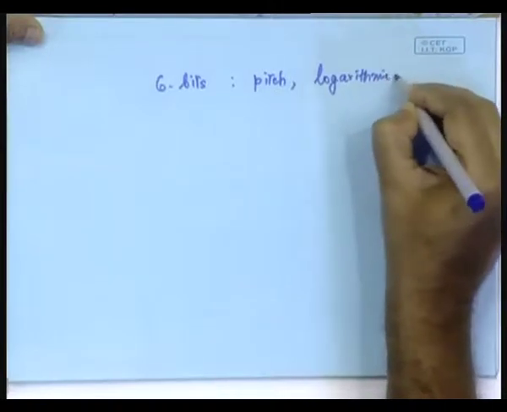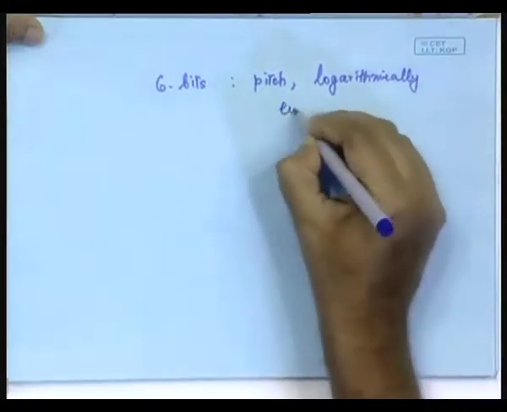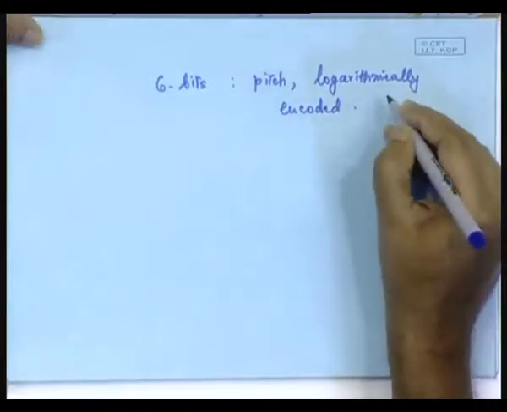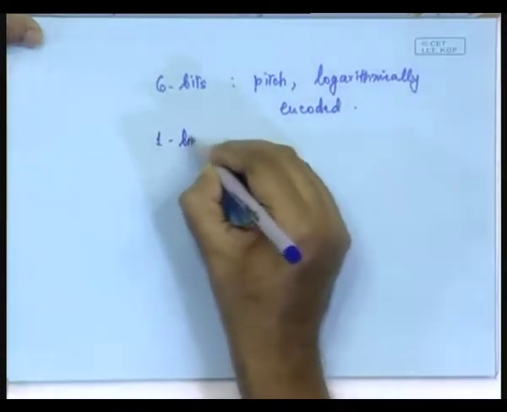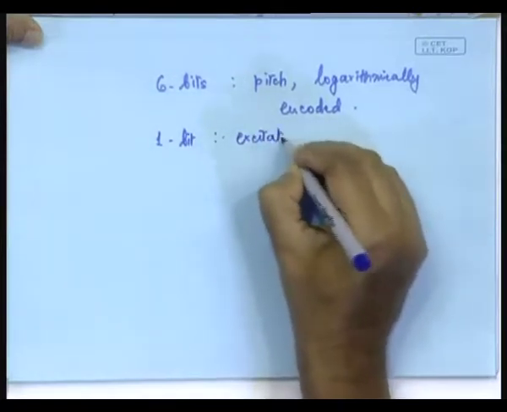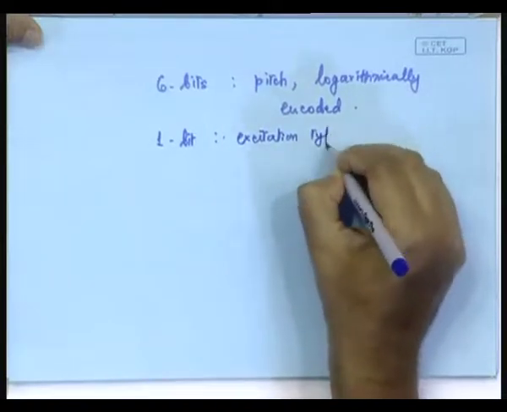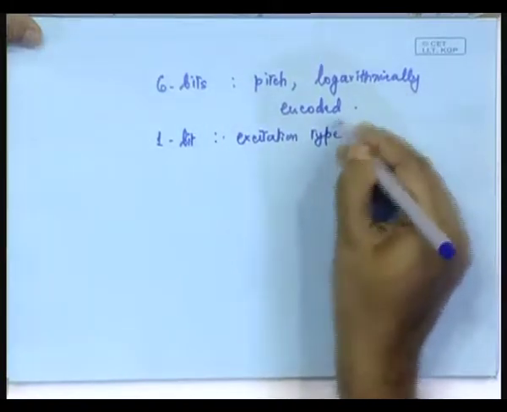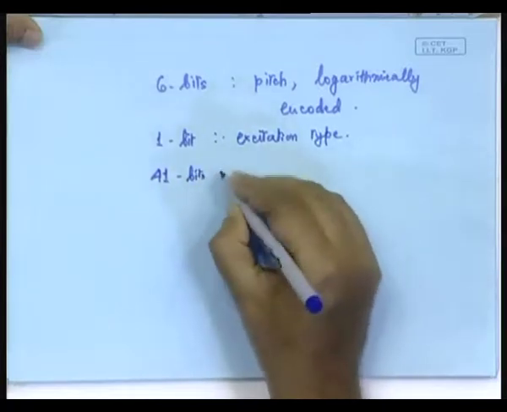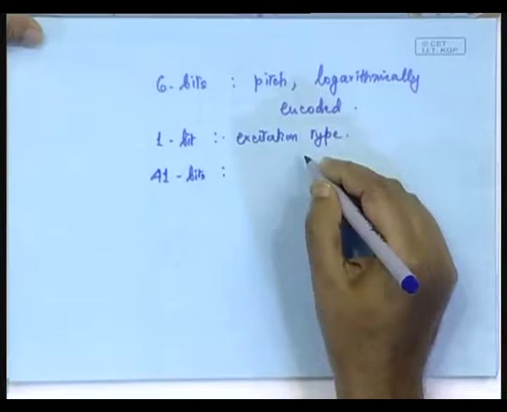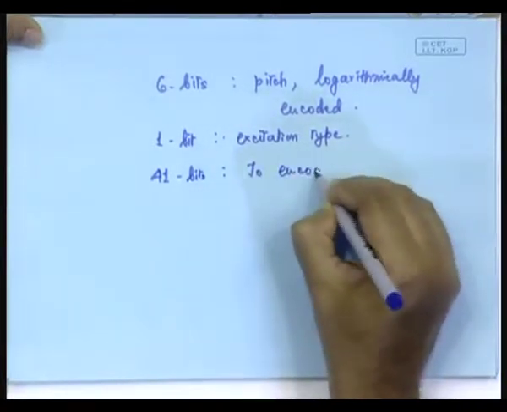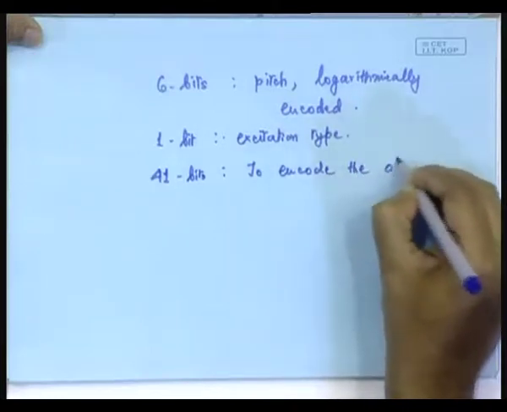Then we require 1 bit to specify the excitation type. And what is that excitation type? It is the voiced unvoiced decision. And then we require 41 bits to encode the output of 19 filters. Okay. 41 bits to encode the output of 19 filters.